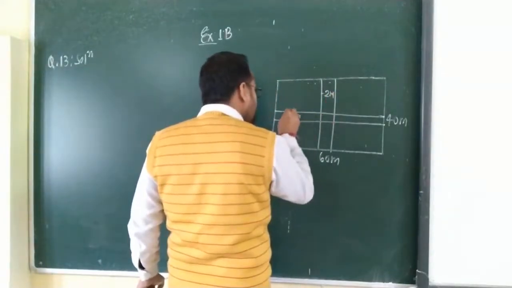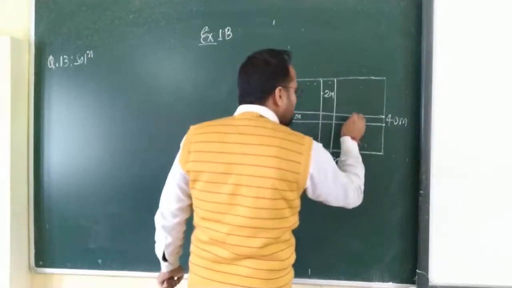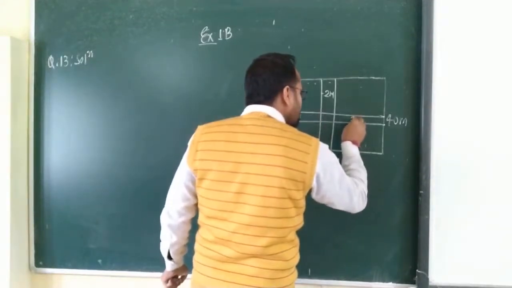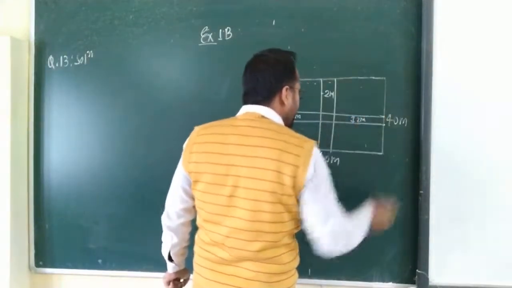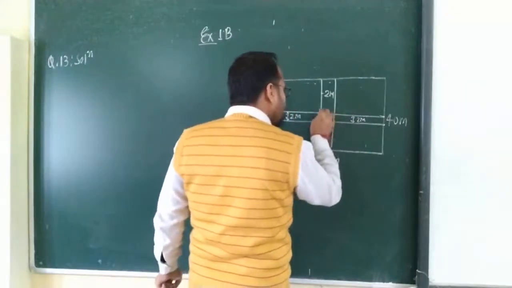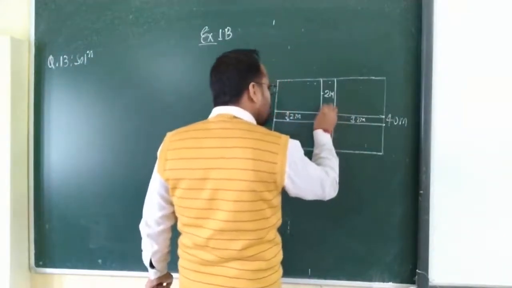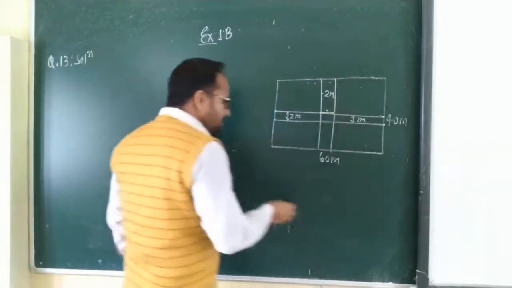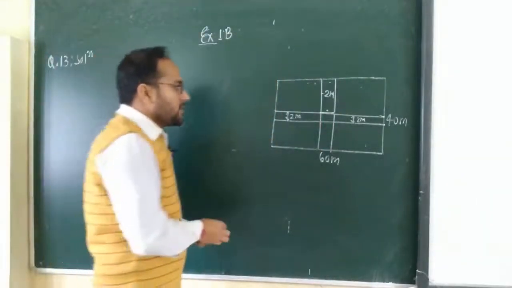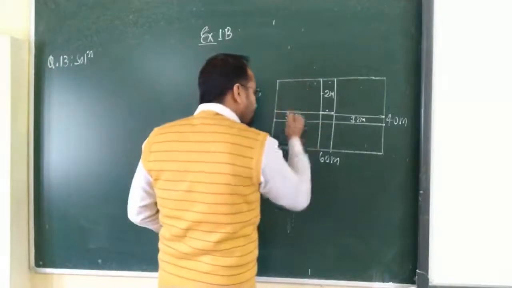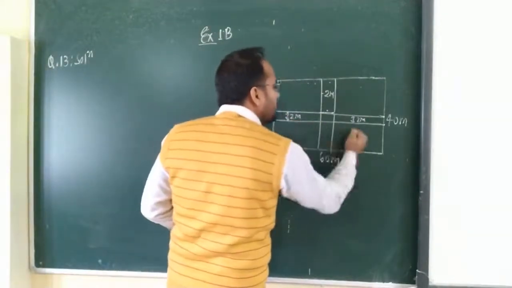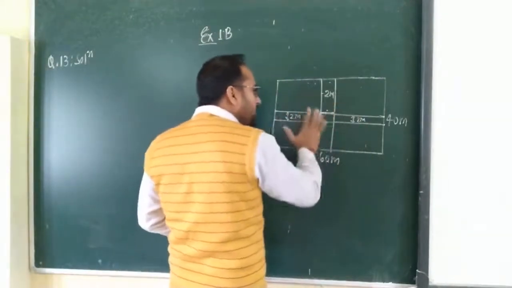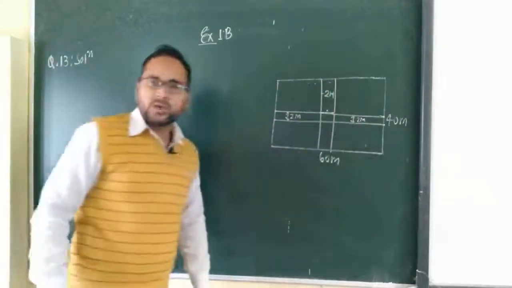This is also 2 meter. Now this is the common region. This is also 2 meter, and from this side also 2 meter. So our aim is to find the area of this remaining portion, meaning we remove the area of this path.